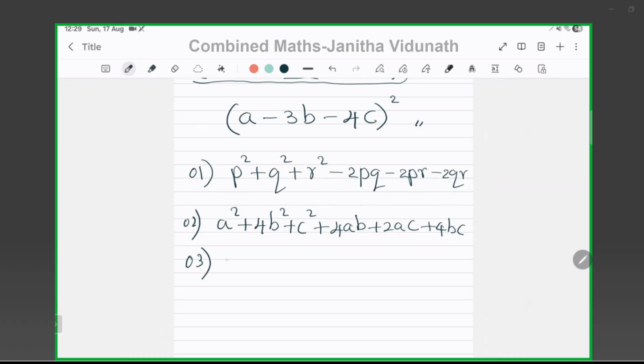Third one is 4x square plus y square plus 9z square minus 4xy plus 12xz minus 6yz.